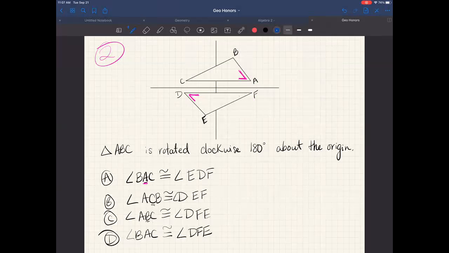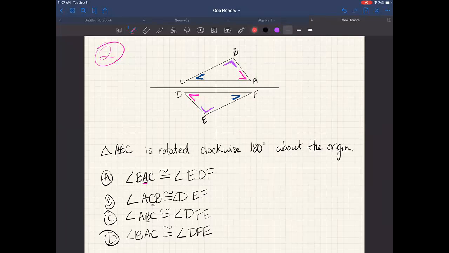That matches with, I'm just going to match them, and then we're going to go through the options. C and F are matching, and the last one is B and E.